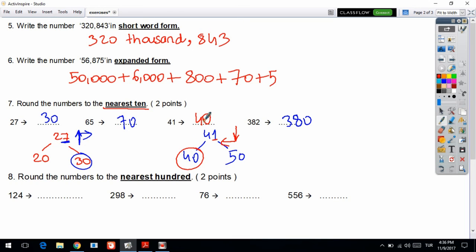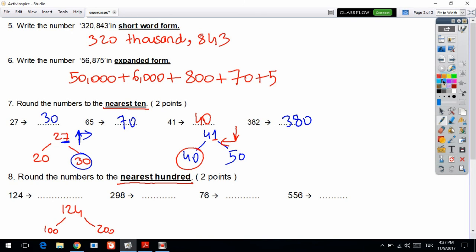Now let's see question 8, about nearest 100. Same kind of question, but there is a little difference between nearest 10 and nearest 100. First, let's find 124. Write your number between 2 multiples of 100. Before 124, 100. After 124, 200. Which one is your answer?